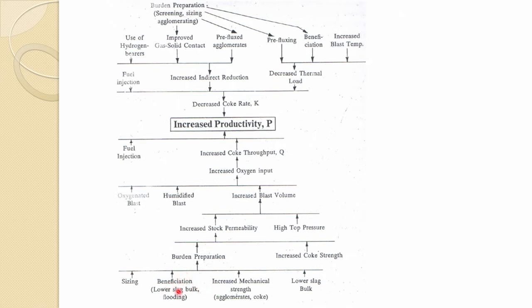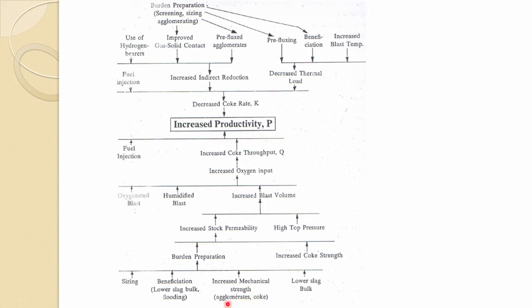So the slag volume also will decrease, and not only that, if you decrease the slag volume, the chances of flooding would be low, and you can blow more volume in the blast furnace, and that is one of the things which we had mentioned previously. So that will help in blowing more blast without getting the furnace flooded. So it is very important.